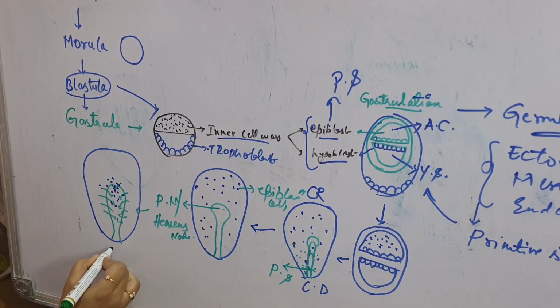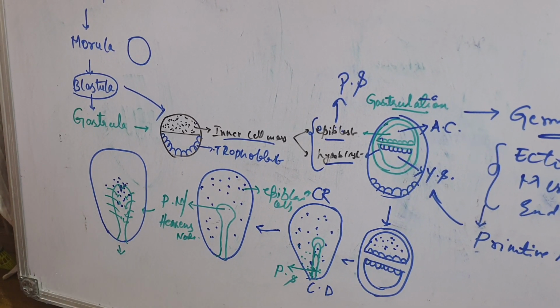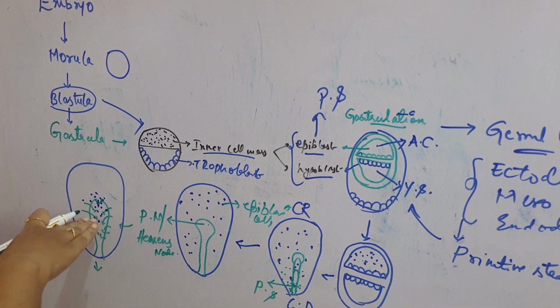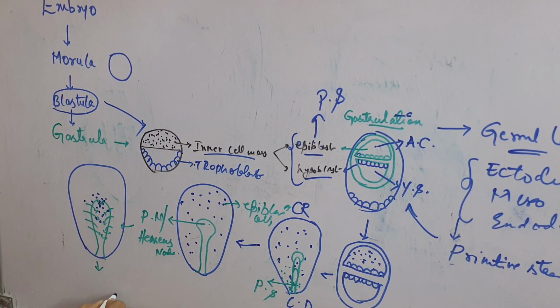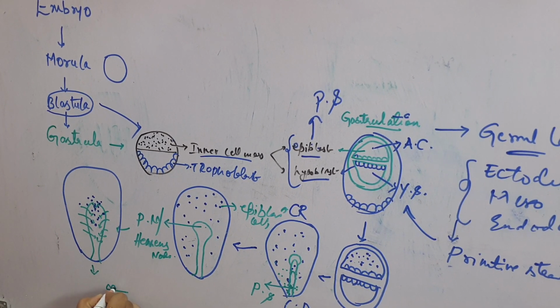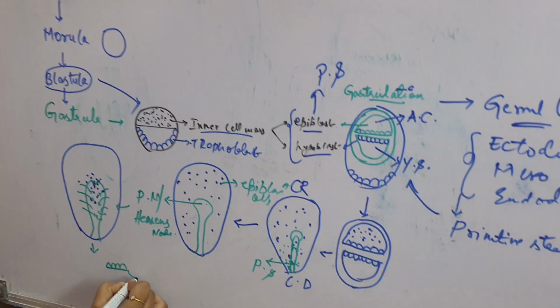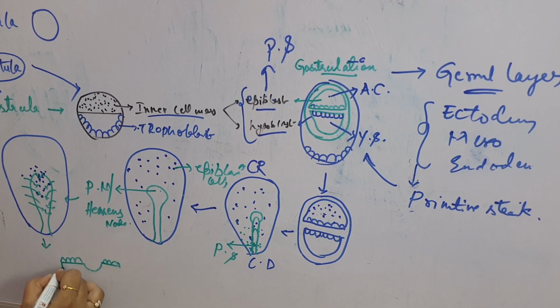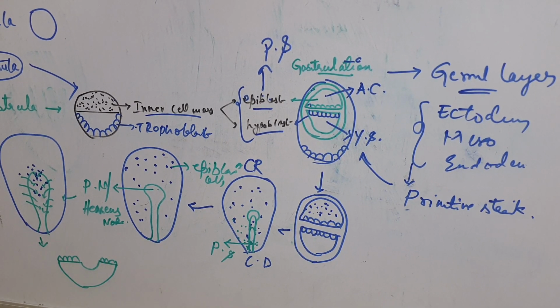Now let's see how we will see this structure in cross section. We will see this structure. This is your epiblast. This is your invagination of the primitive streak, epiblast, and this is your hypoblast.